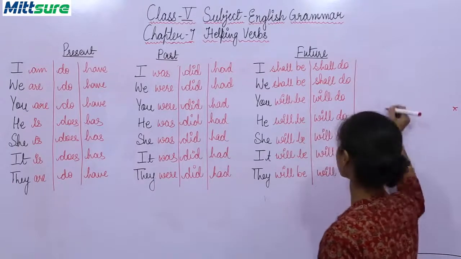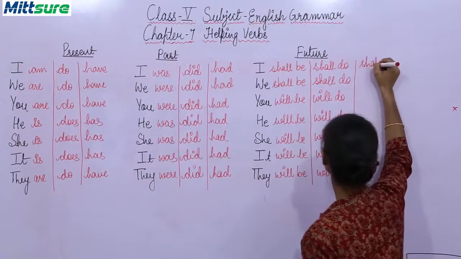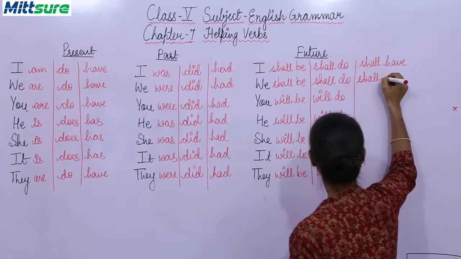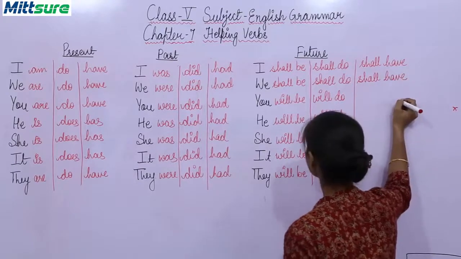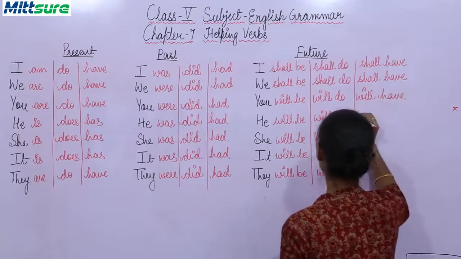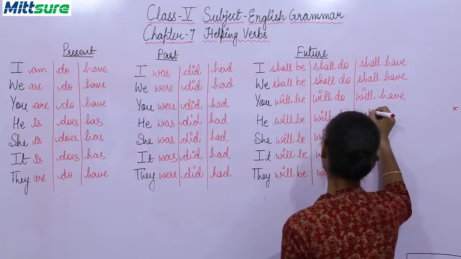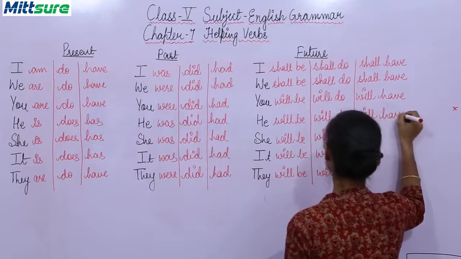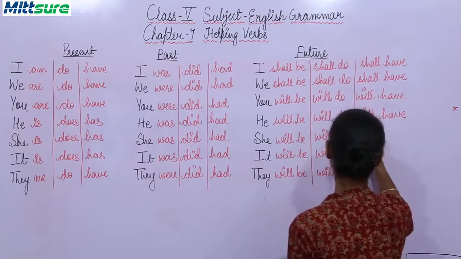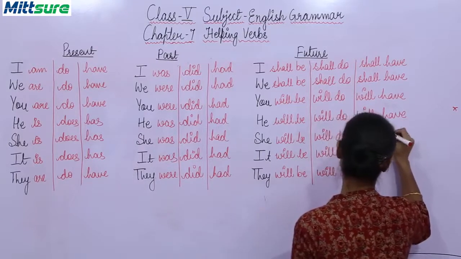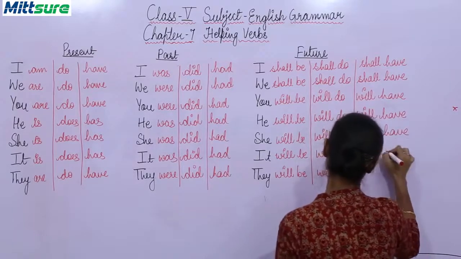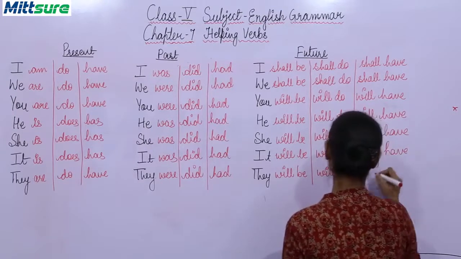Have form of verbs. I shall have, we shall have, you will have, he will have, and she will have, then it will have, and last they will have.